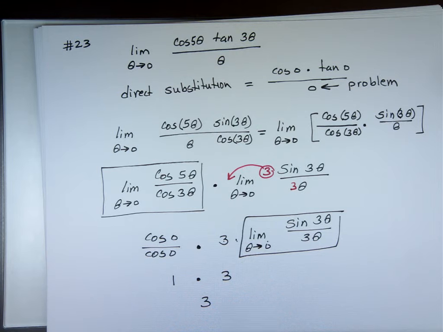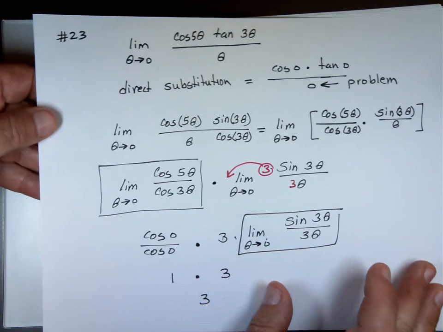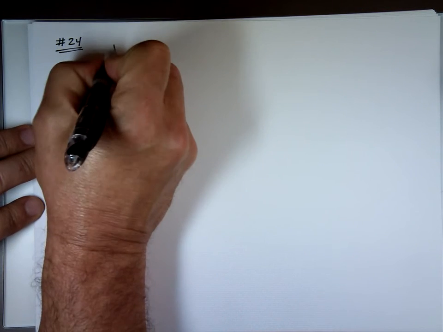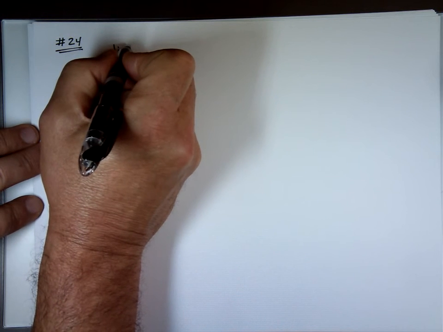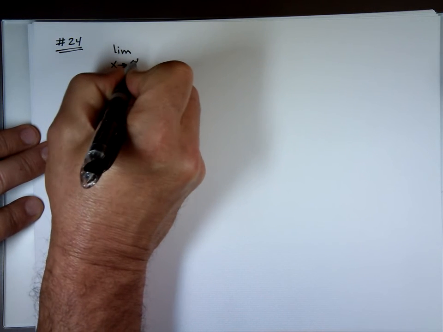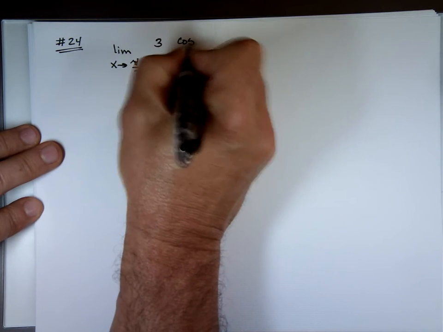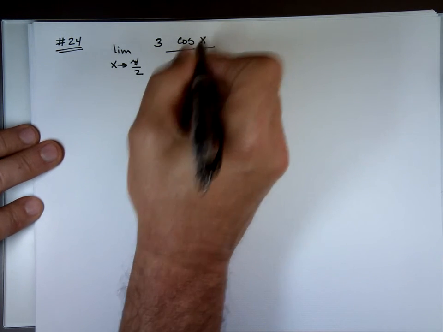Let's look at 24 and 25. Okay. Number 24, the limit as x approaches pi over 2 of 3 cosine of x over cotangent x.